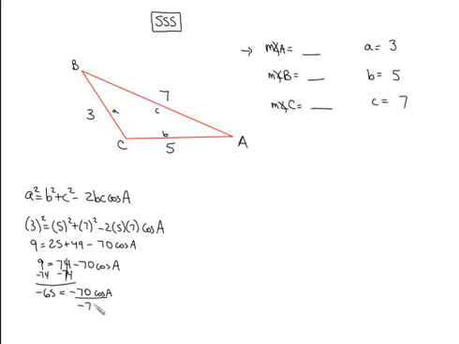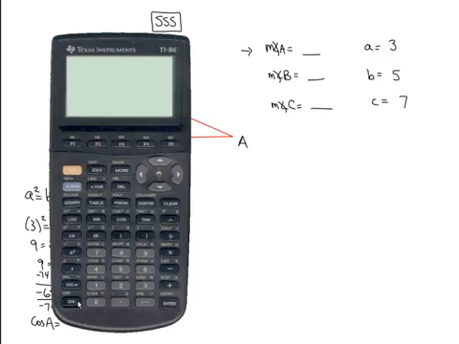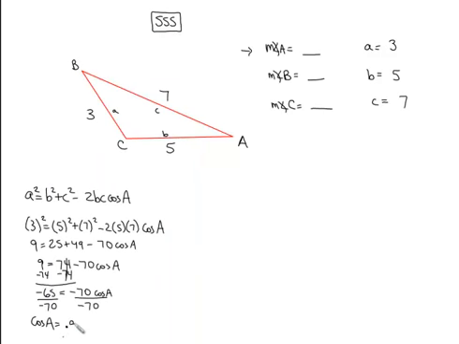Divide by negative 70 to get cosine by itself. And you get cosine of A is equal to negative 65 divided by negative 70, which is going to give you 0.92857 dot dot dot.